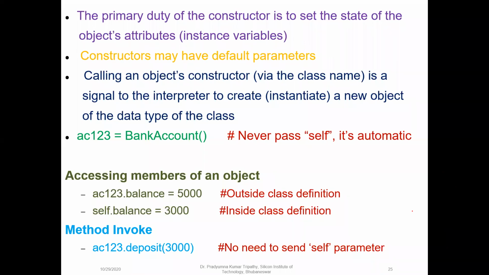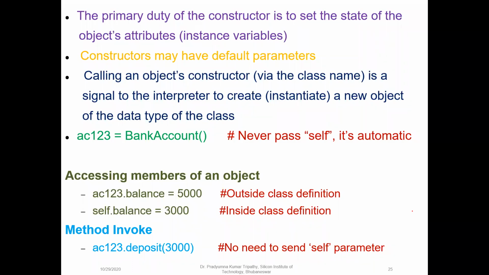Calling an object's constructor is a signal to the interpreter to create a new object of the data type of the class. So calling an object constructor through the class name means it is a signal to the interpreter to create a new object of that data type of the class.